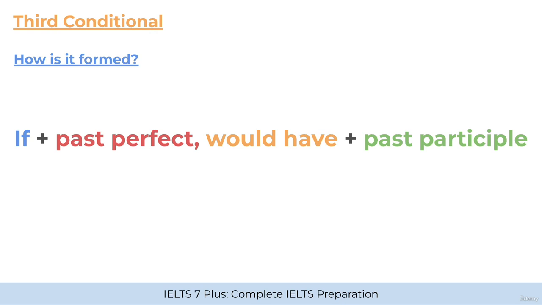So there's quite a lot going on here, but not to be overwhelmed. We're aware of each part of this formula. We just need to put it all together now. So the past perfect, we've looked at that with tenses. Would have, so we need to remember those two words together, plus that past participle, which is different from the past simple.